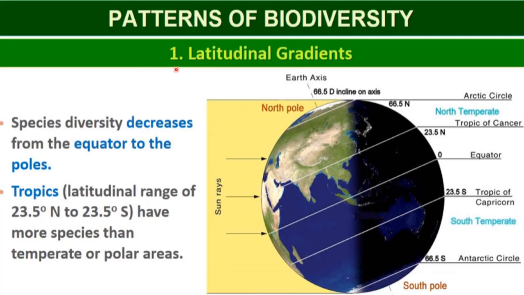So that is called latitudinal gradient, meaning a variation in biodiversity in different places due to their position with respect to the equator. Species diversity decreases from the equator to the poles, meaning on the equator species diversity is more, and areas near the equator are rich in biodiversity.